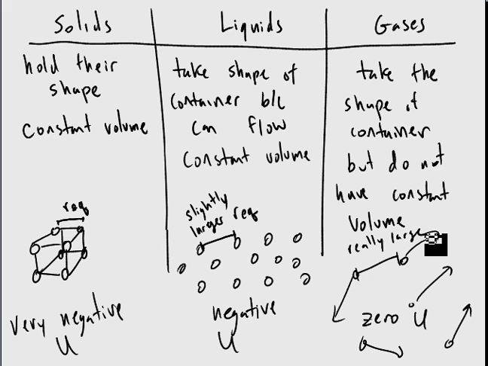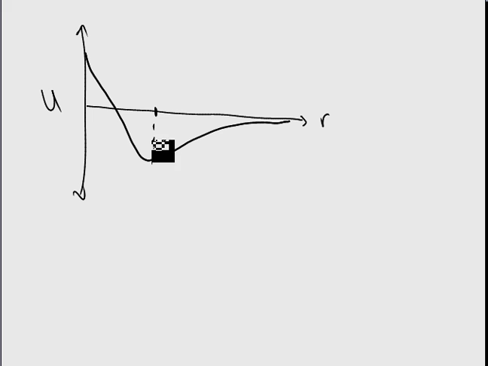And if we remember back to our picture with equilibrium distance, and we just draw the potential energy, right? You're going to have this point where the potential energy is the most negative. We said that would be the equilibrium distance.